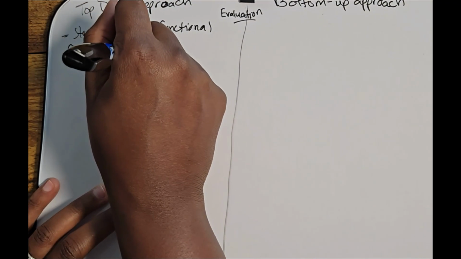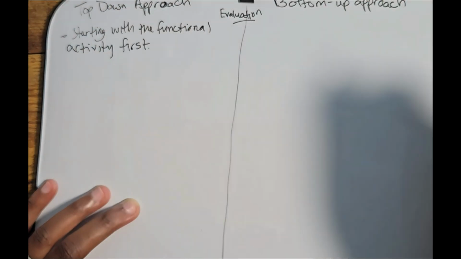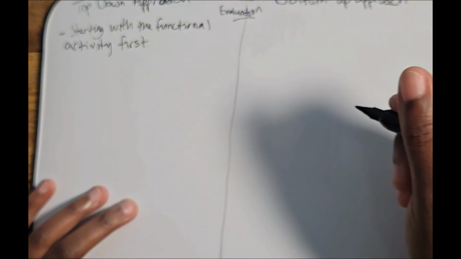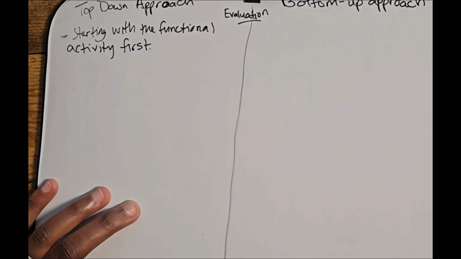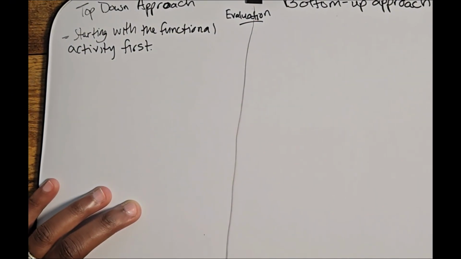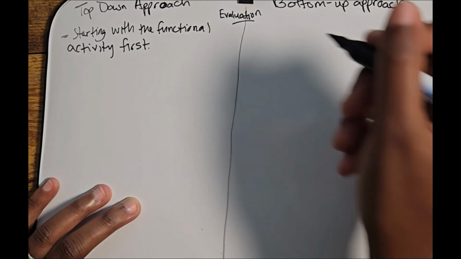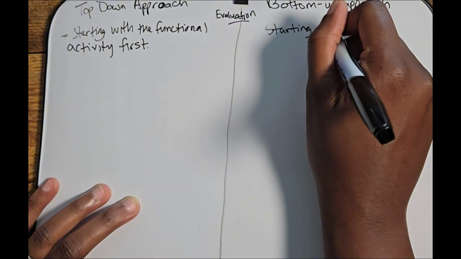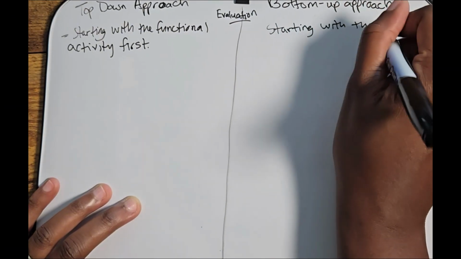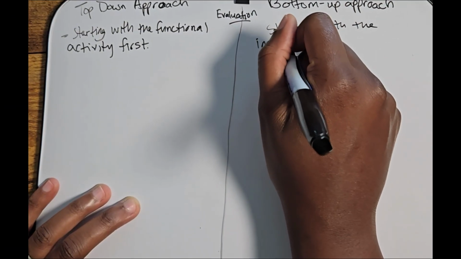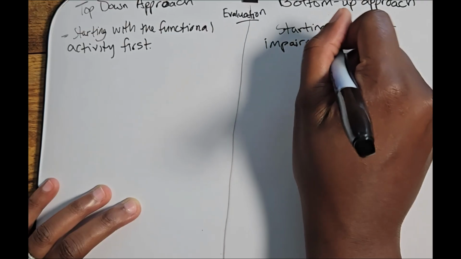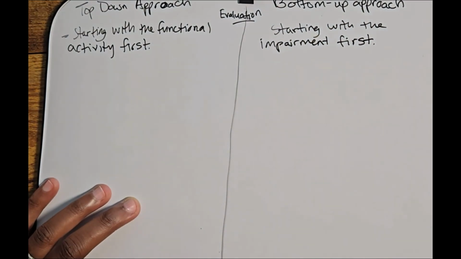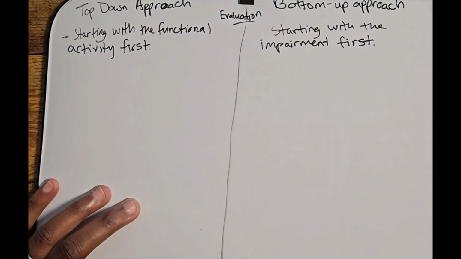So our top down is our big picture. And then when we're talking about our bottom up, we're starting with the impairment first.